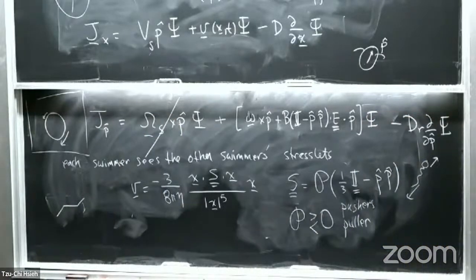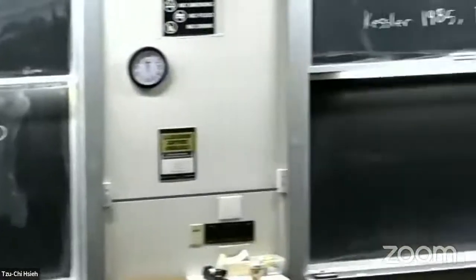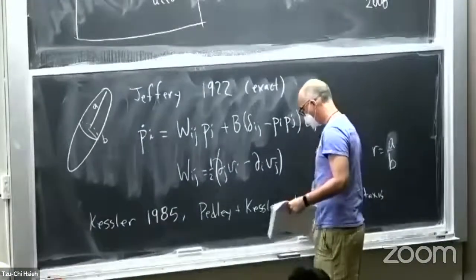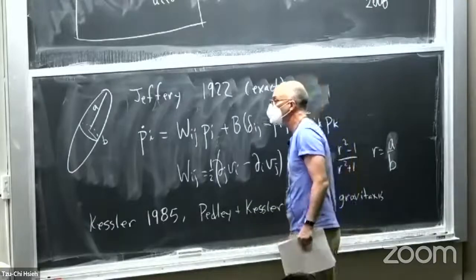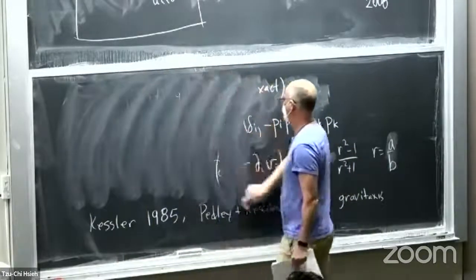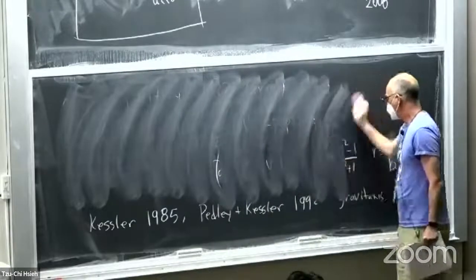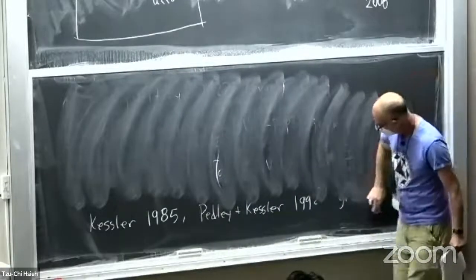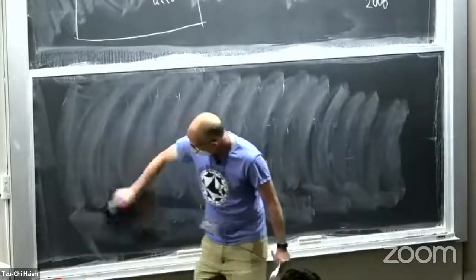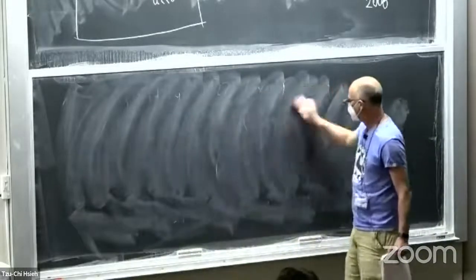Okay, so let's do some linear stability analysis. Now we've coarse-grained the system. We're talking about the mean stress. V is the velocity at every point.